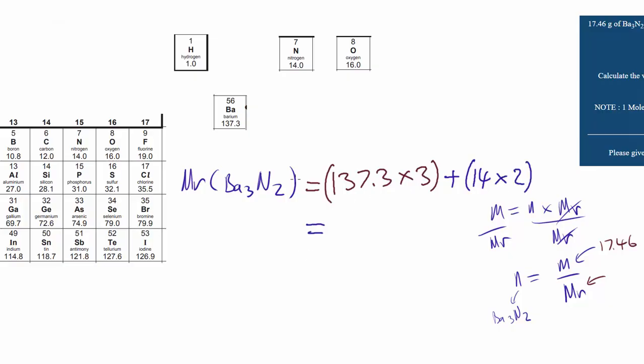Okay, so if you do have a go working this out, you should be able to get what the molar mass is, right? Okay, so if you did work that out, what you should have found is you got 439.9, and that's going to be in grams per mole, right? Grams per mole.